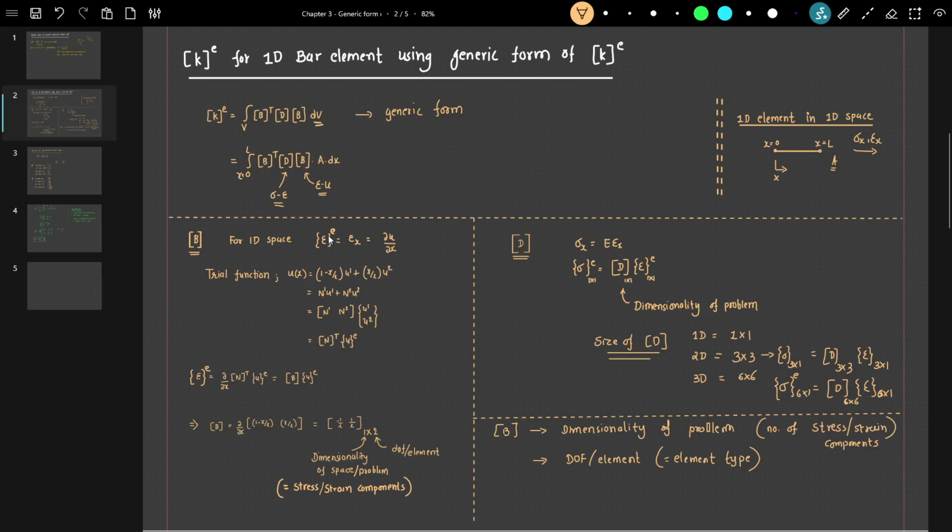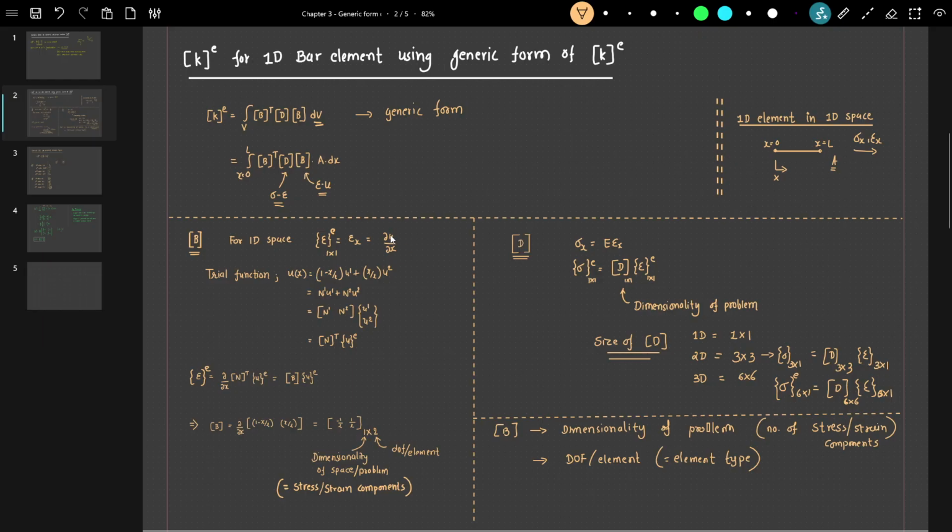So here we will write it as a strain vector. Remember that stress and strains are tensors, but in FEA we represent them as a vector for computational convenience. Okay. So the strain vector is dou u by dou x, which is 1 by 1, because we have only one stress and strain component.